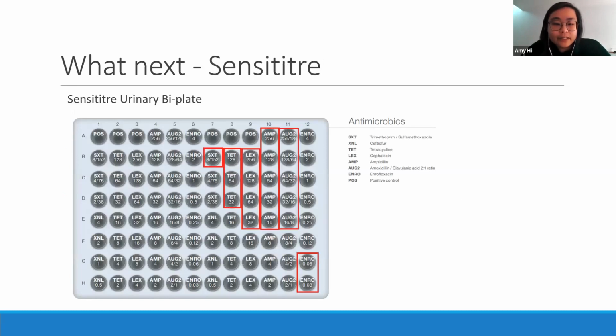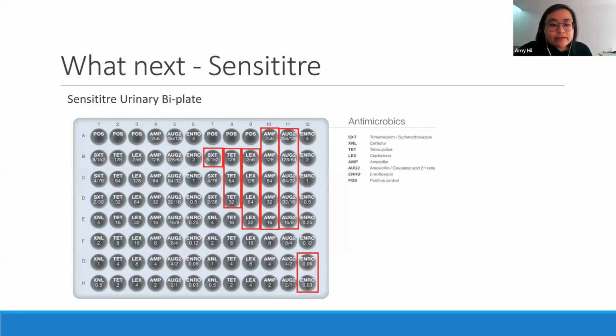So currently the 100 isolates that I've got in the freezer are waiting for the next step, which is Sensititre. We're currently waiting for the Sensititre plates to arrive from the UK. It's been taking a while.